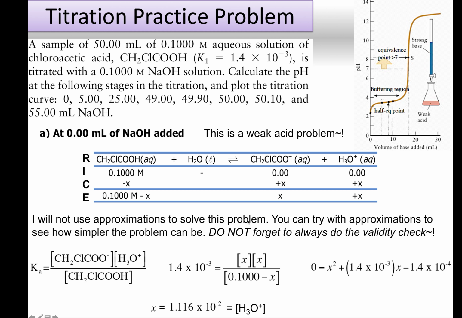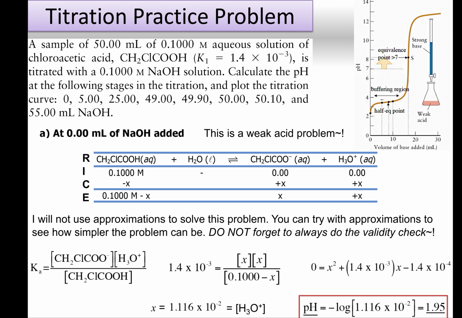This x, according to my table, represents the amounts of the conjugate base, but also the amounts of my acid, in this case, or the H+. So if I know already the amount of H+, I can directly calculate pH equal minus log of this x, the concentration of H+, and I end up having 1.95.